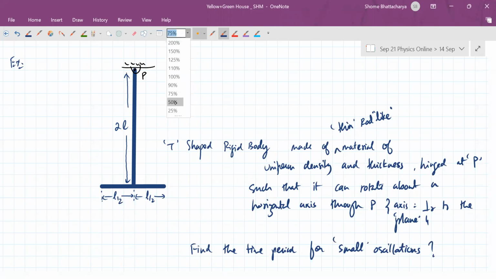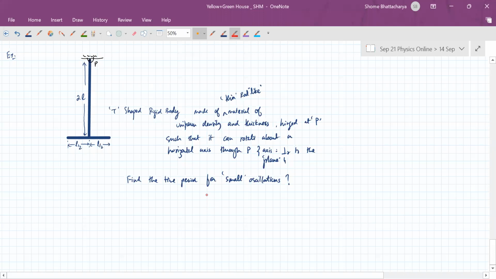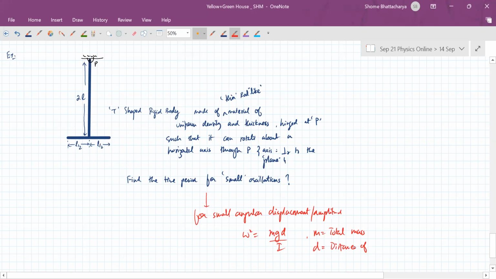Yeah. So we won't get into the derivation again. What we'll do here is we'll directly use the formula that for small angular displacements or amplitudes, omega square is mgd by I, where m is total mass, d is distance of center of mass from the axis at the point P, and I is moment of inertia about P. So we'll just use this directly.